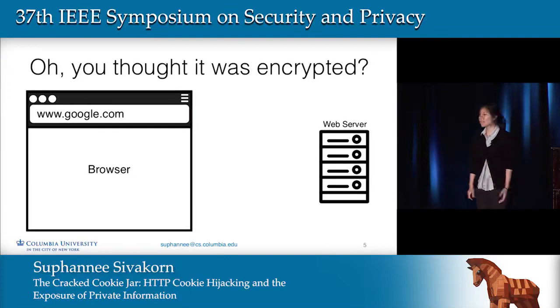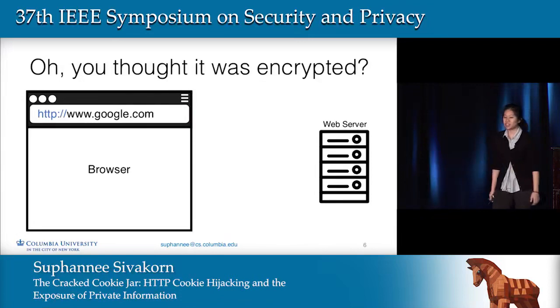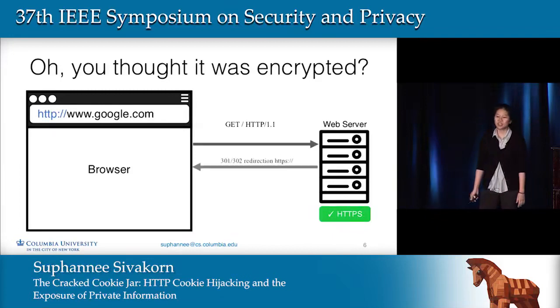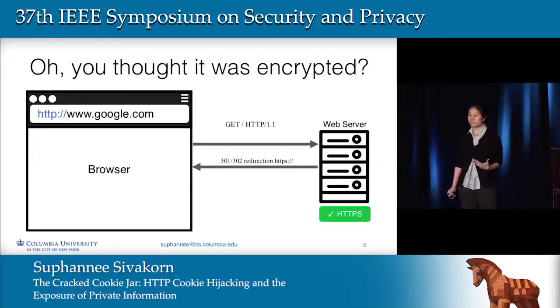For the second one, the browser knows that this is a URL, so let's do it on HTTP first, because most of the websites support HTTP. So it makes a connection to google.com and sends a GET request. Because google.com supports HTTPS, it says, you're trying to connect to something that's not secure, let's switch you to a more secure page, and redirects you to the HTTPS version.